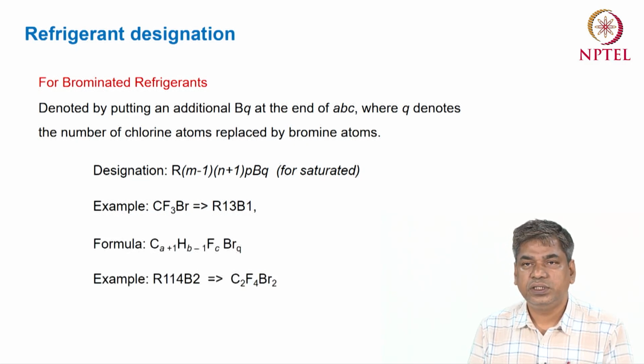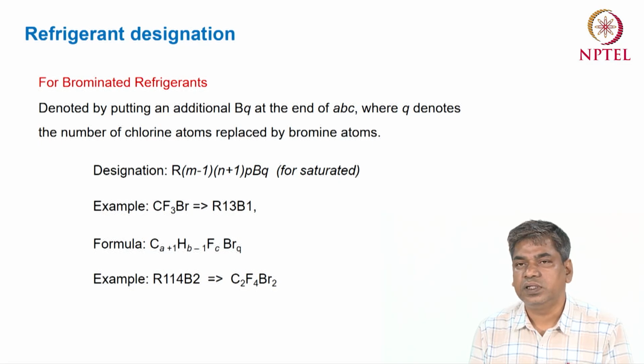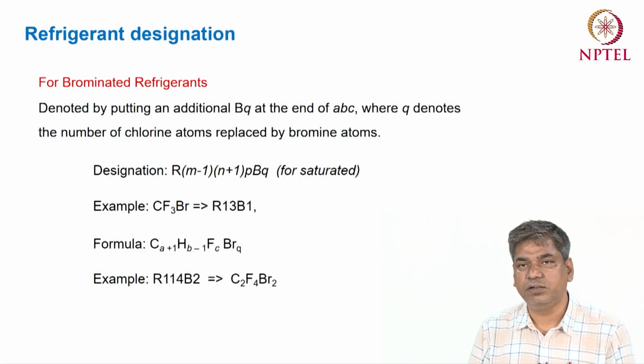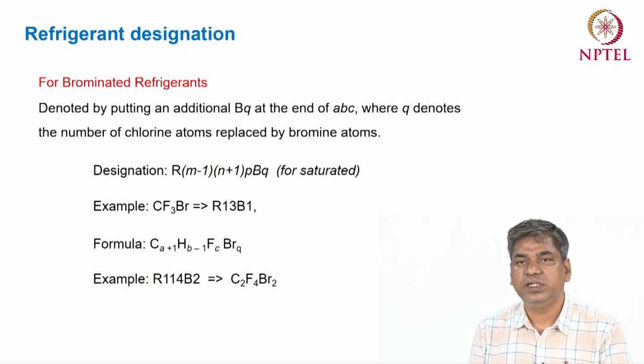Similarly, if the nomenclature is given, then we have to find the chemical formula for a refrigerant which contains bromine atoms. If the nomenclature is like R, A, B, C, B and Q, the formula will be C(A plus 1), H(B minus 1), F(C), and Br(Q).